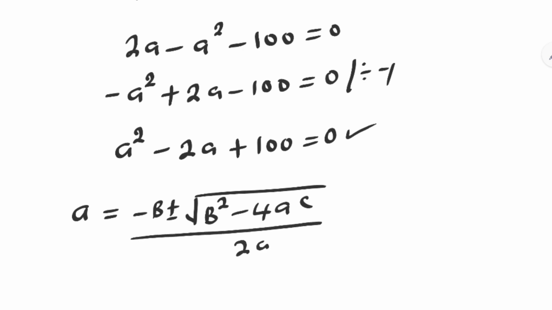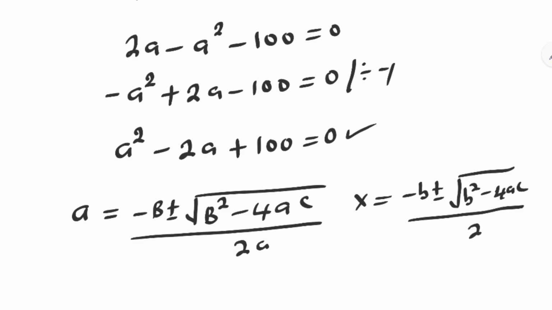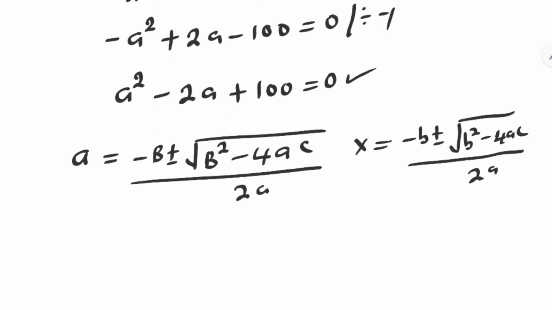Or if it is x, this will be x is equal to minus b plus or minus square root of b square minus 4ac over 2a. Then from this equation, a is equal to 1, b is equal to minus 2, c is equal to 100.